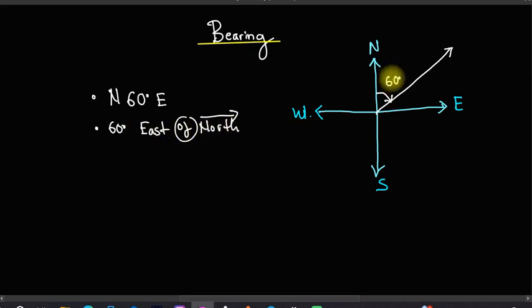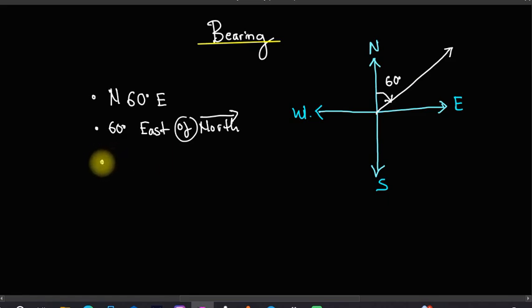So 60 degrees coming from the north is 60 degrees east of north, which is the same thing as north 60 degrees east. So knowing this alone will help you understand this topic better when we start treating complex cases.